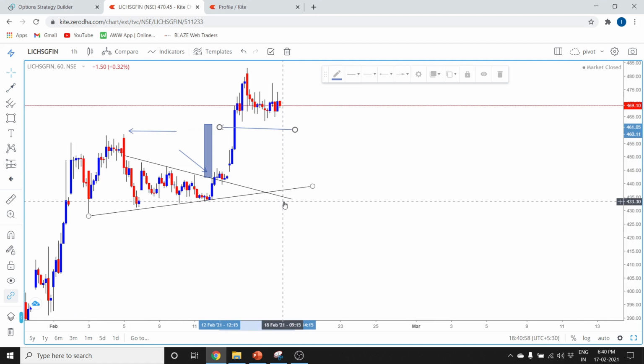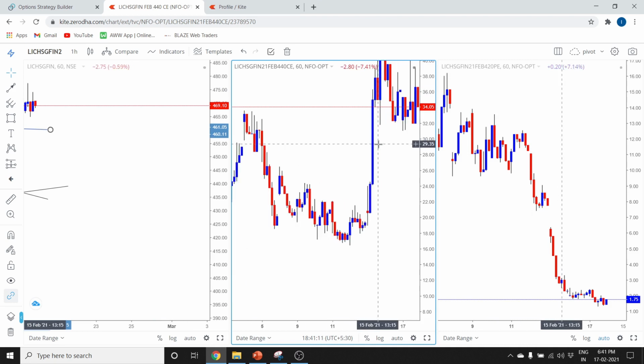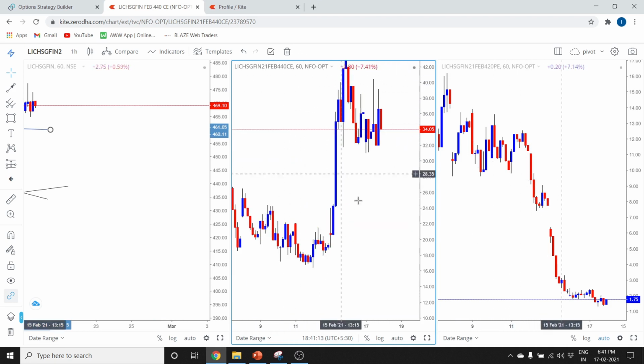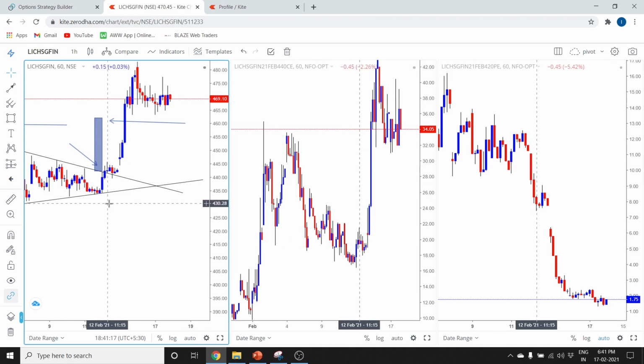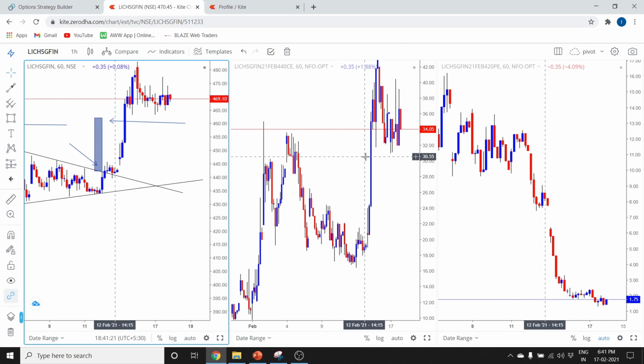Now step 2 is putting a base strategy. For this purpose, I'll go to the breakout level. Breakout has happened at 443 levels. So my buy leg would be 440 call. In this we got entry at around say 20 rupees, and as this buy leg is 0.5 delta, my sell leg should be 0.2 or 0.25 delta.